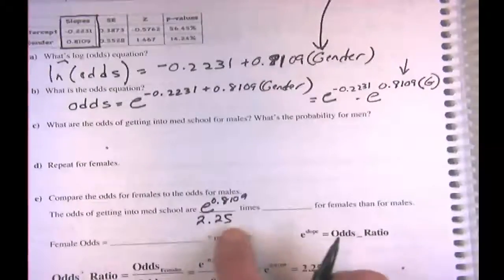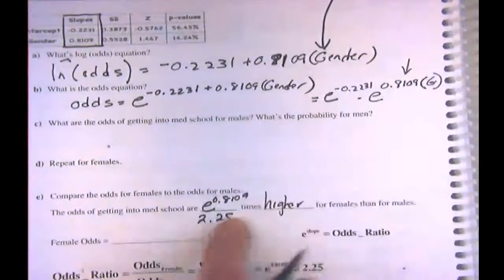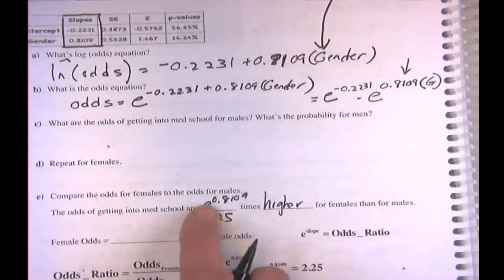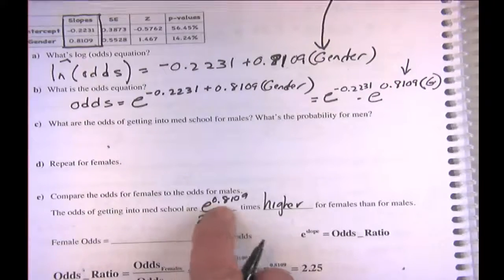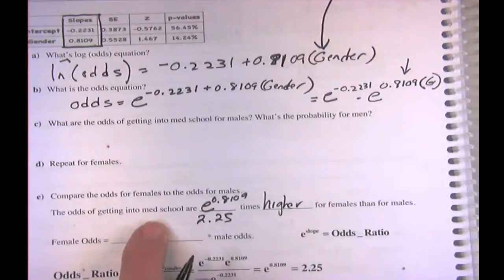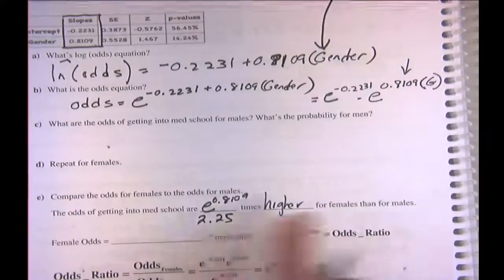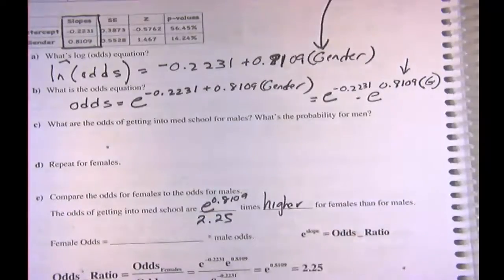Higher. Higher for females. If we coded it the other way, it would just be e to the minus 0.8109. The odds of getting into med school would be divided by 2.25 for males compared to females.